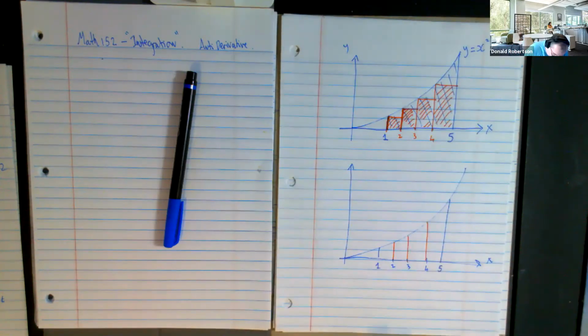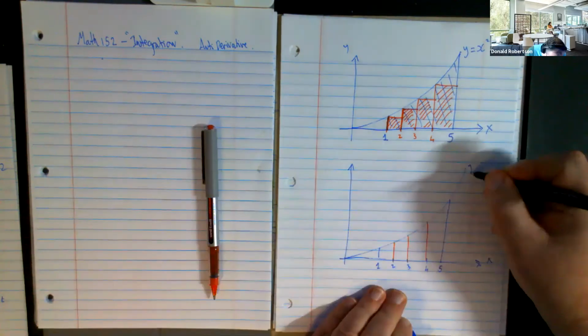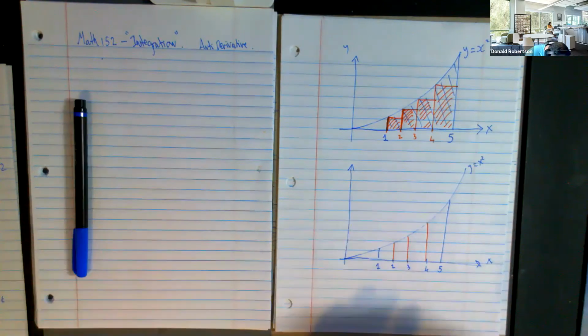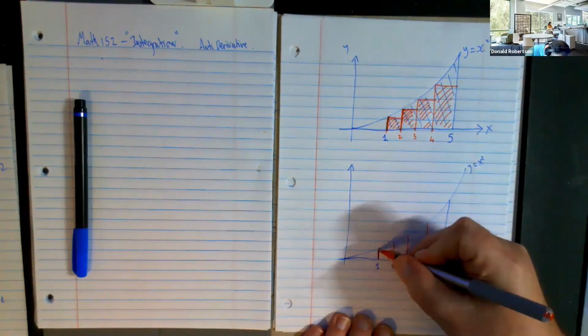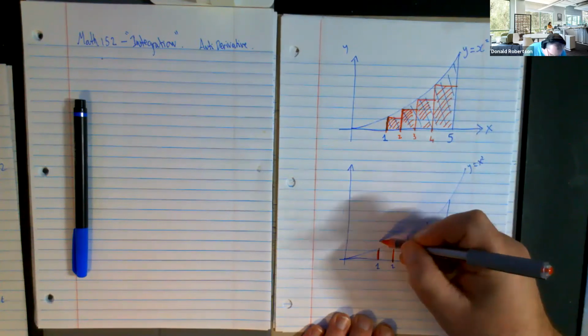Now, if I go back to the original question, this curve y equals x squared again, and there's my same 4 strips, and I have the same choice. I can use the left or the right, but this time I'm going to use the right-hand side.